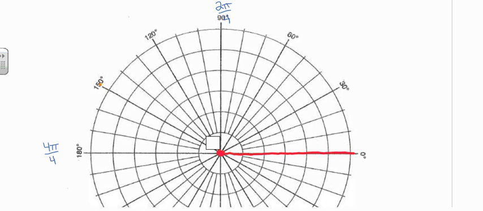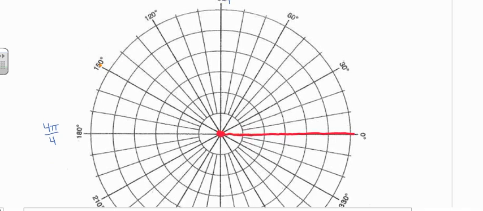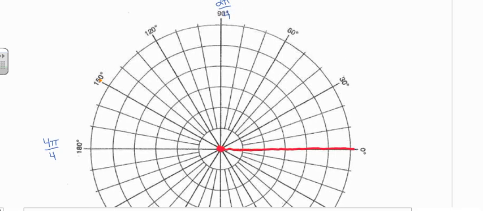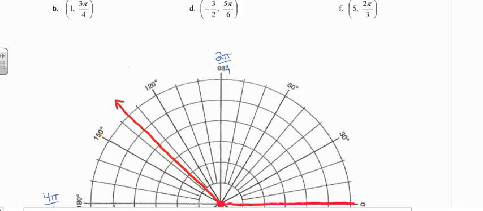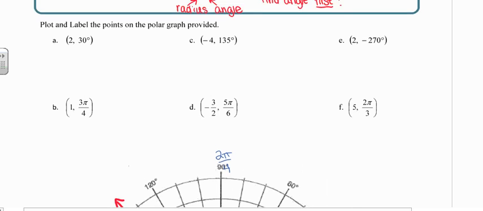Letter C says plot the point whose radius is -4 and whose angle measure is 135 degrees. Again, I'm going for that angle measure first. 135 degrees is the same as that 3 pi over 4 we were just working with. But pay really close attention to the fact that this radius is negative. That tells us to go the opposite direction through the pole.